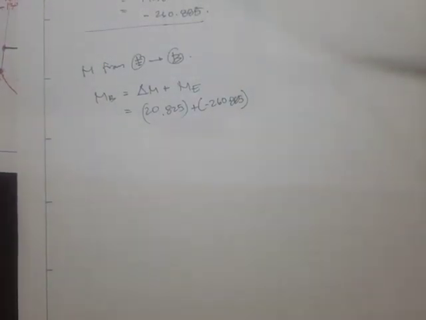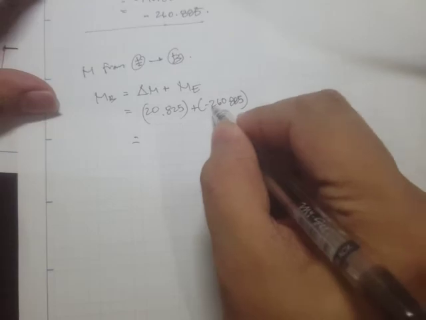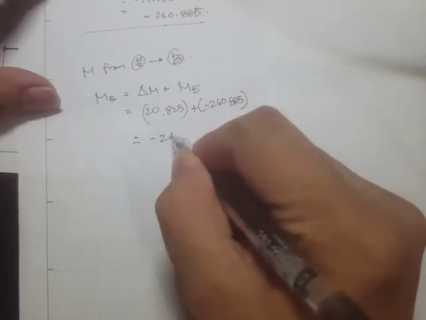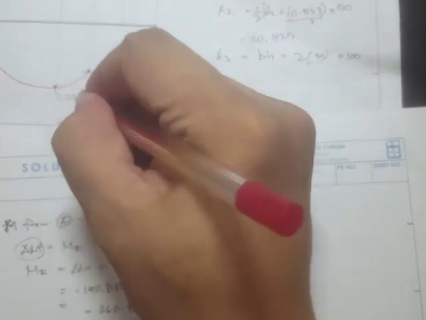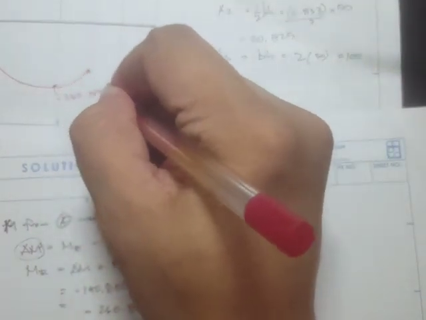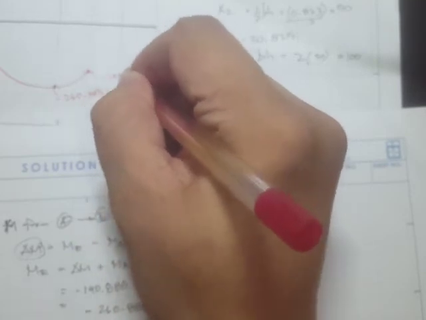So this will be minus 240. So let's label it here. This one is negative 260.885, and right here is negative 240.